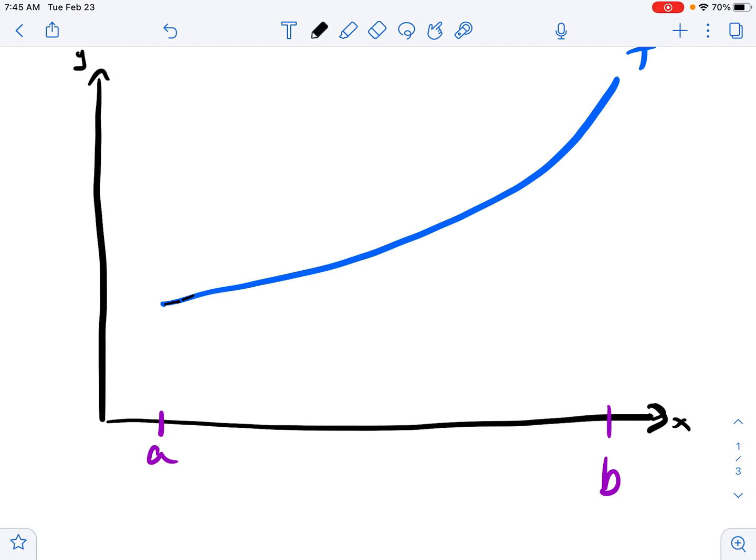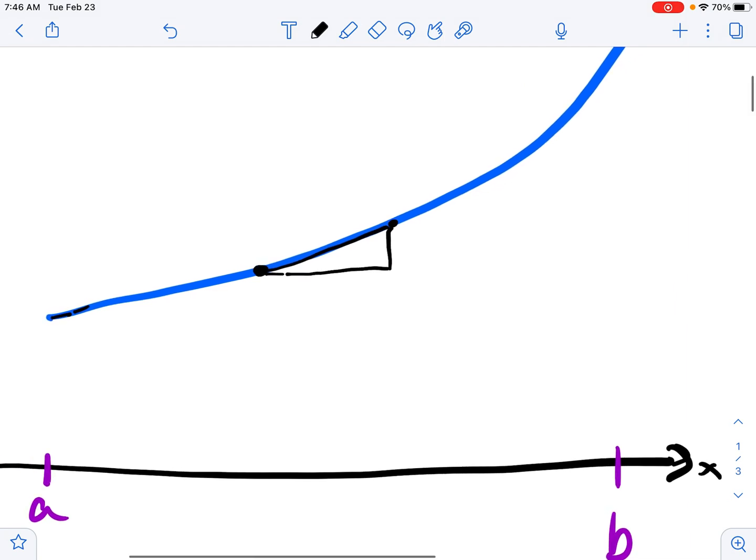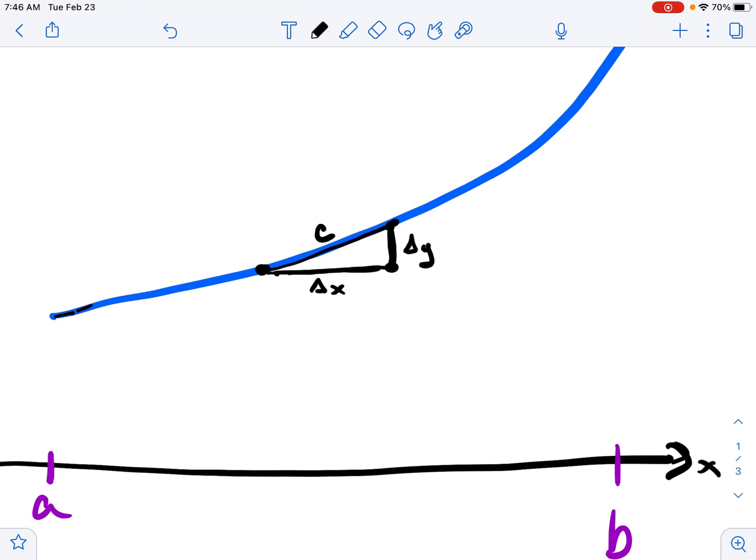So let's talk about how we approximate using the Pythagorean theorem. Again, I'll blow this up a little bit. Here's our hypotenuse, which is going to approximate the length of the curve. From left to right is a change in x, so I'm going to notate that with the delta x symbol. Up and down is some change in y. And again, I'm going to call the hypotenuse c.